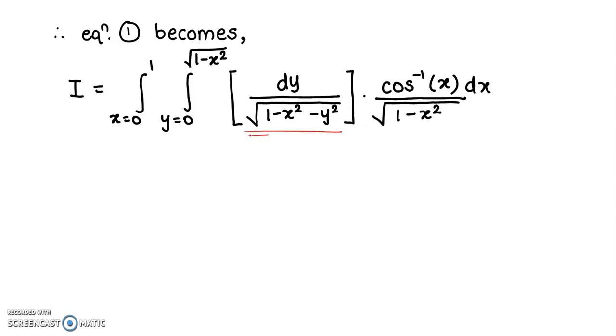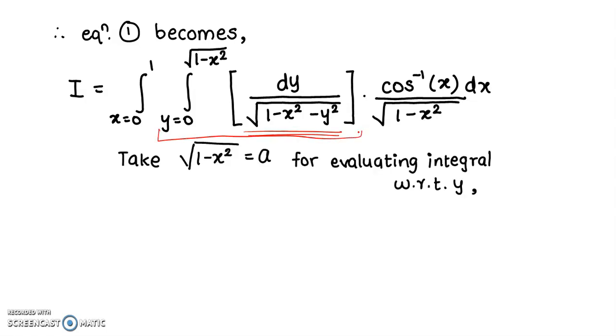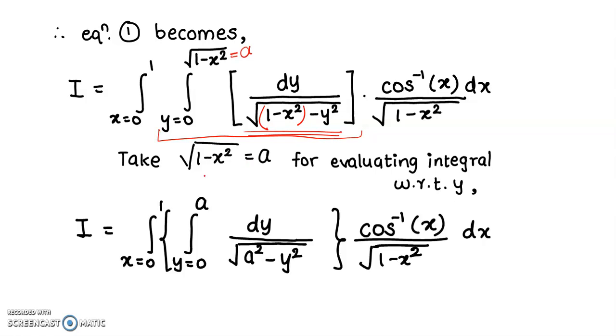Therefore, integration with respect to y is a little easier. For evaluating this integration with respect to y, we consider square root of 1 minus x square equal to a. Therefore, this value will be a square, and we evaluate that integral with respect to y, keeping x as constant, so it is not part of the integration with respect to y.